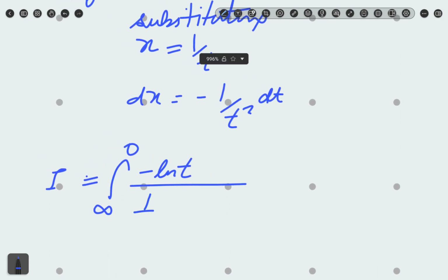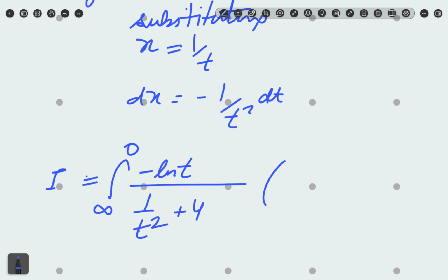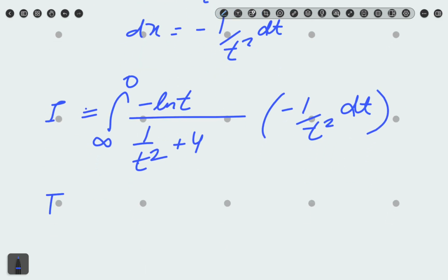1 by x square plus 4, and 1 by t square minus 1 by t square dt to 0.